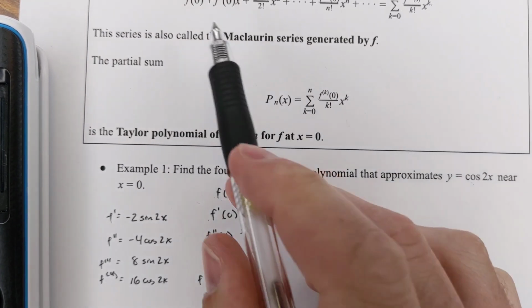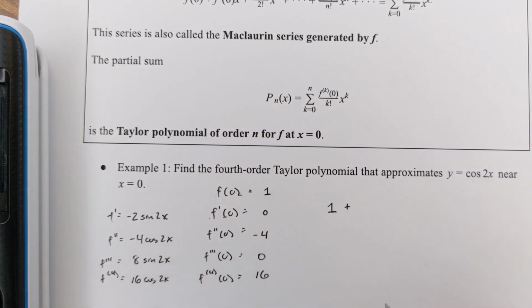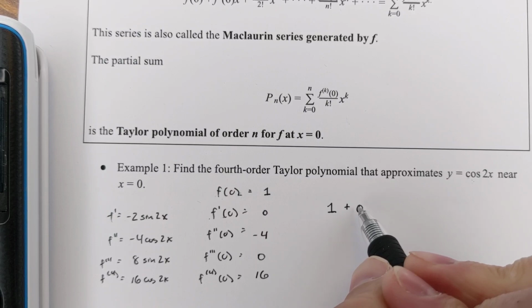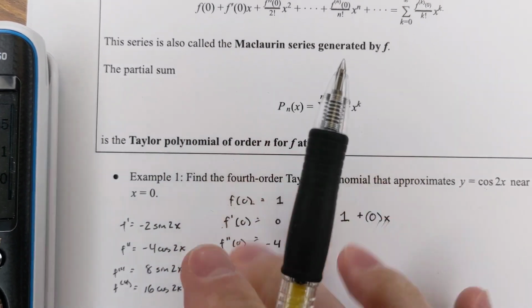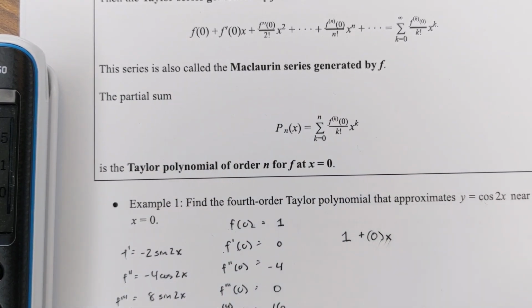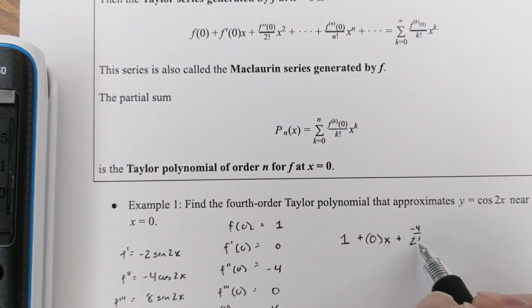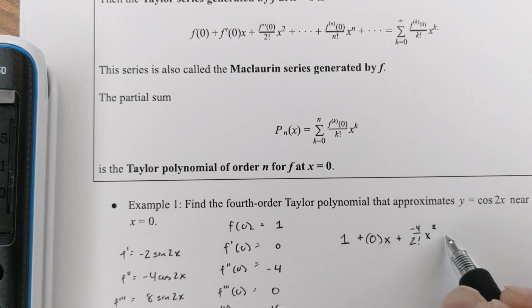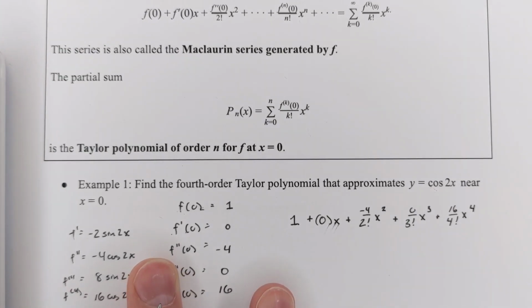Then I'm going to go up to my pattern here. So it's f of 0, which is 1, plus f prime of 0, so 0 times x, plus the value of the second derivative, negative 4 over 2 factorial x squared, plus 0 over 3 factorial x cubed, plus 16 over 4 factorial x to the fourth.